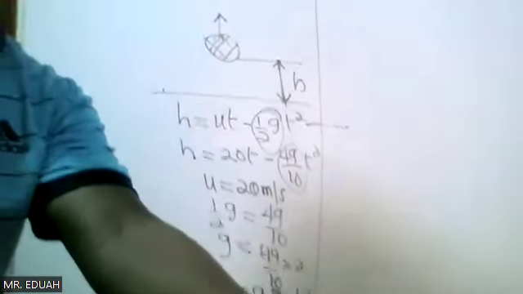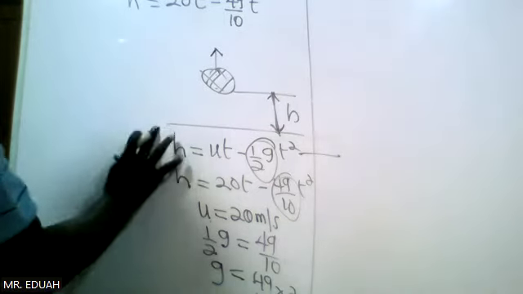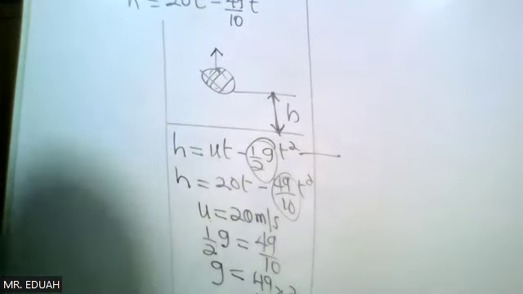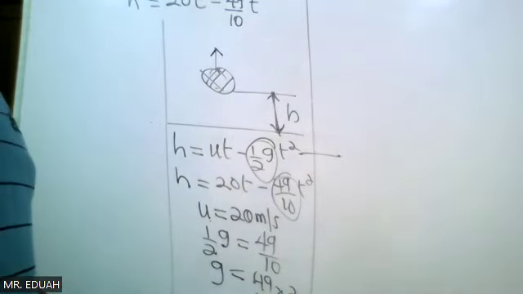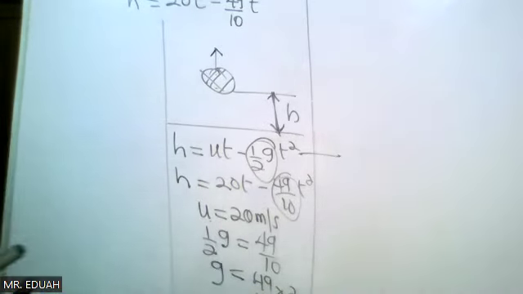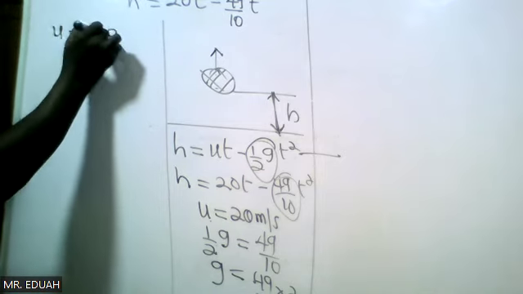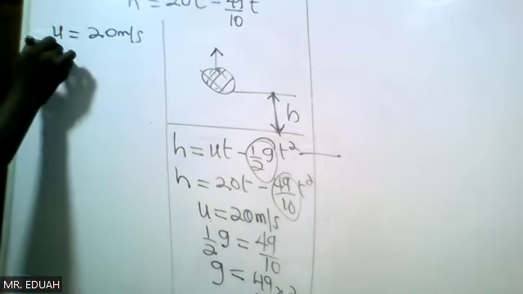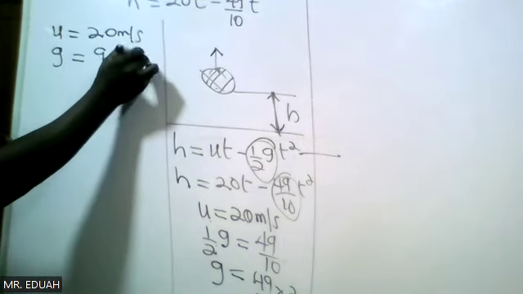The value 10 is even approximated. The actual value is 9.84 something, but we often approximate it to 10 meter per second squared. Okay. So from the comparison we made, u is equal to 20, and then we've had g to be equal to 9.8 meter per second squared.